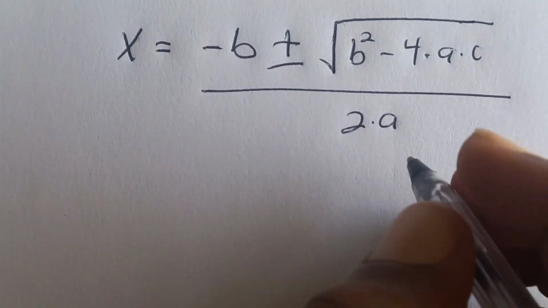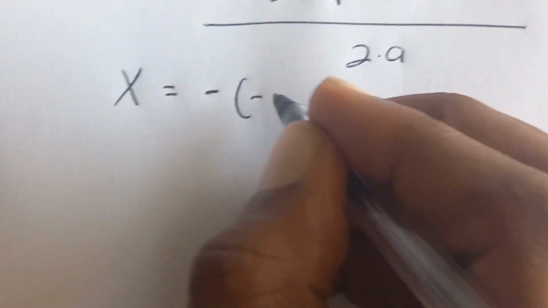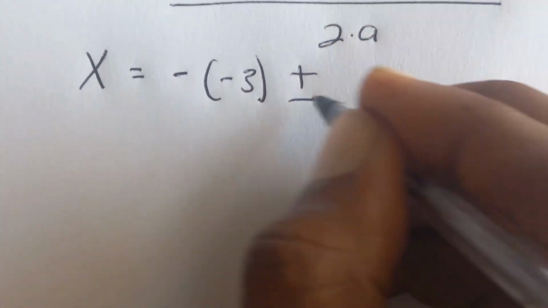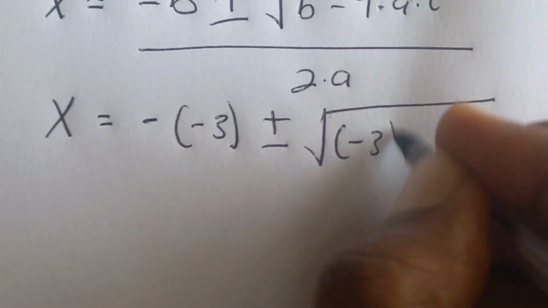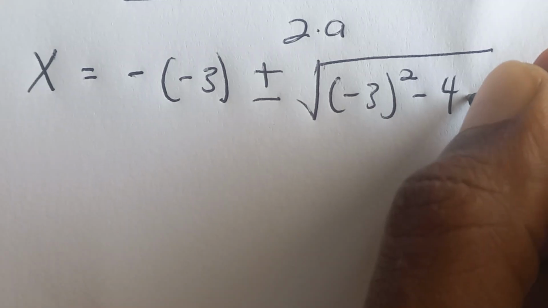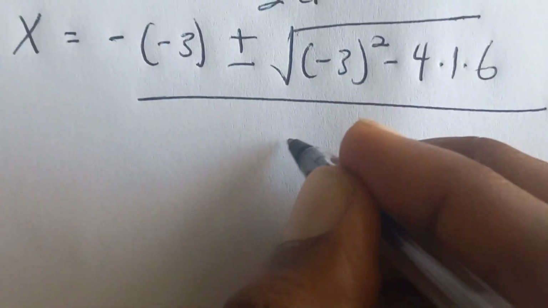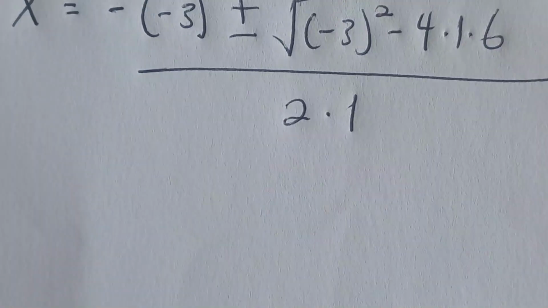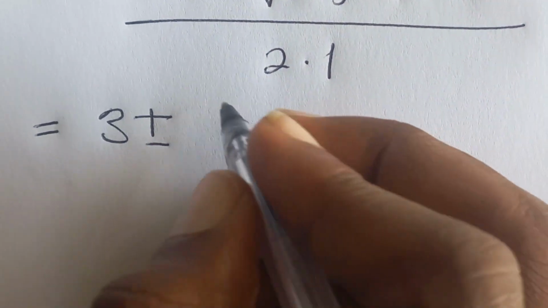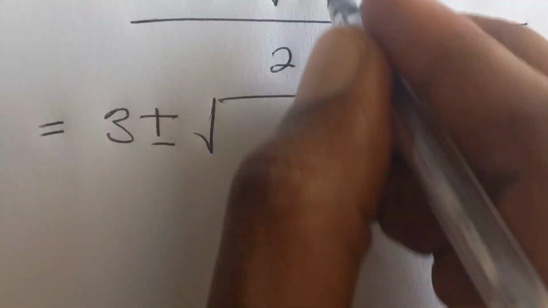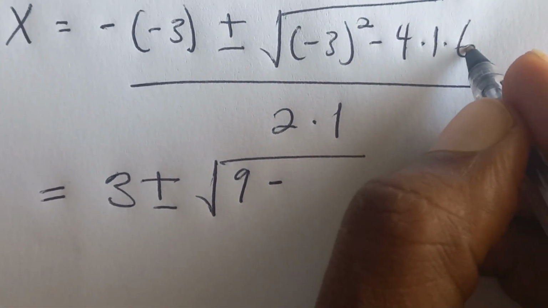So now we have x is equal to negative negative 3 plus or minus square root of negative 3 all squared minus 4 multiplied by 1 multiplied by 6, all over 2 multiplied by 1, which is equal to 3 plus or minus square root of 9 minus 4 times 6, which is 24.